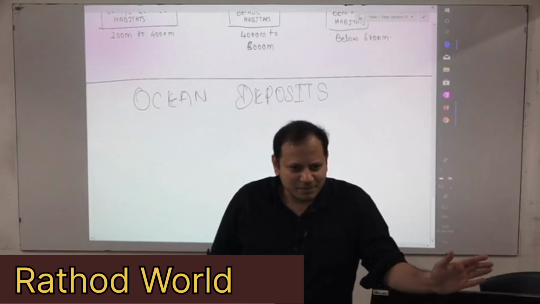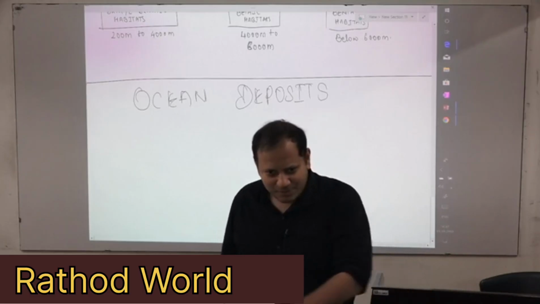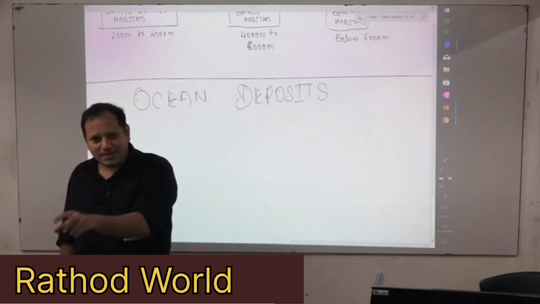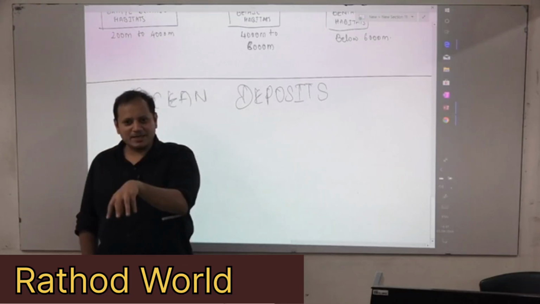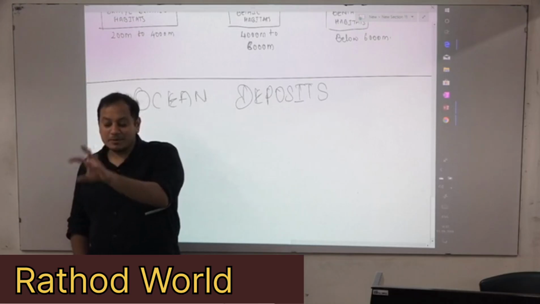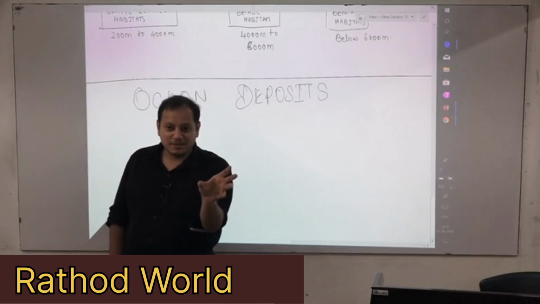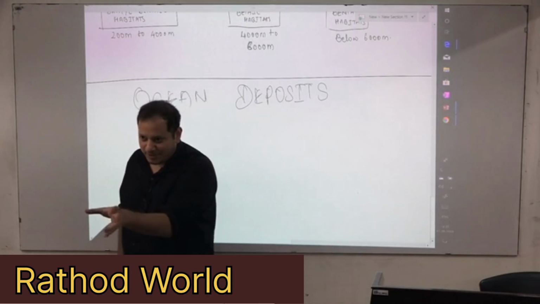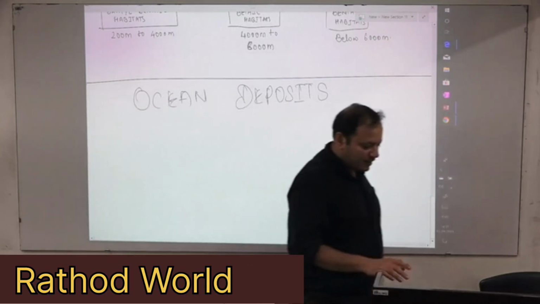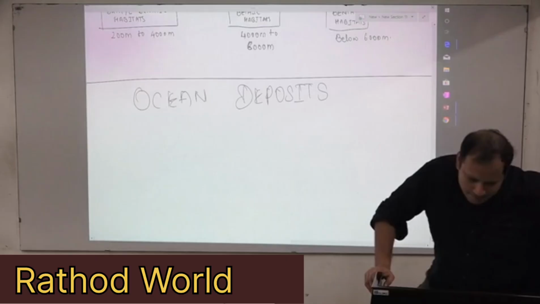Terrigenous means which is coming from the land. They will not go to the Hadal zone. Terrigenous deposits will be lesser in the pelagic biome. If it is present in the pelagic biome, it will be present only in the neritic part of the pelagic biome and never in the oceanic part of the pelagic biome, right? So that is what the importance was.